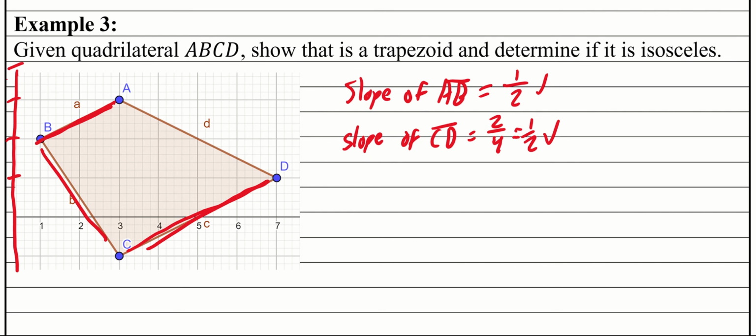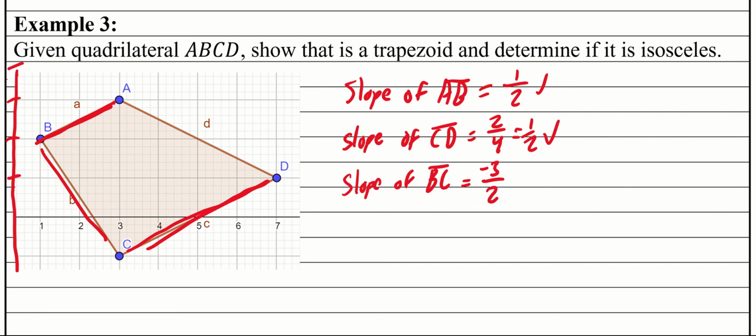So to do that, I'm going to take my next side, slope of BC, and I'm going to find what that is. Same as before, I can just do rise over run. So if I'm starting at B, I can go down 1, 2, 3, so a slope of -3 over the run, which is 1, 2. So -3 over 2 would be my slope here.